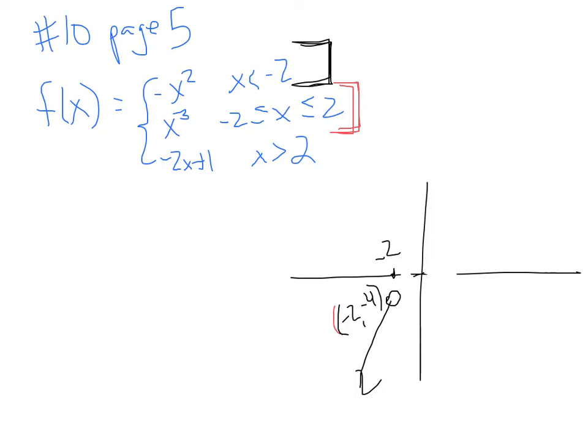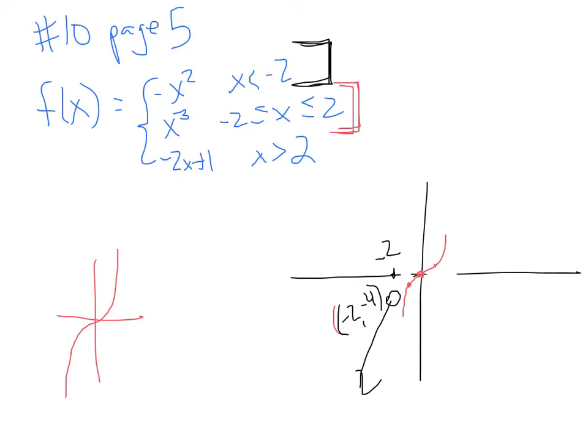The next piece is the cubic function, and we might remember cubic functions as looking something kind of like that. And it crosses at the origin. It actually also crosses at the ones, so 1, 1, and -1, -1. So my curve is going to look something like that.